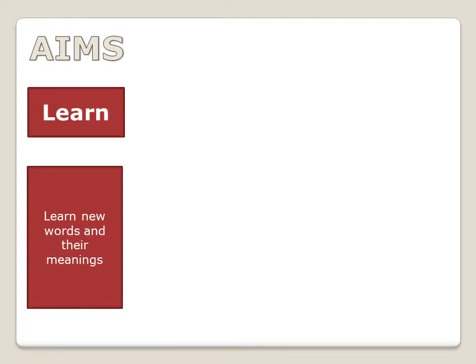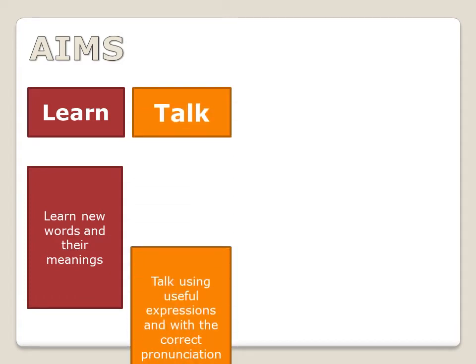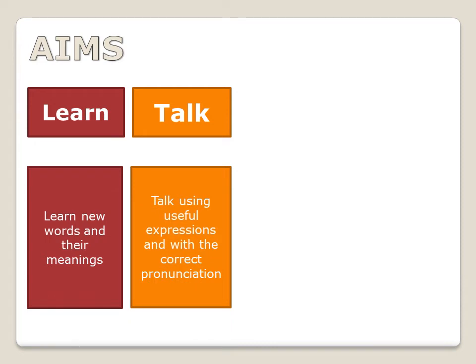Here are the learning objectives for today. First, you will be learning new words and their meanings. Next, you will practice using some of the useful expressions related to means of transport.